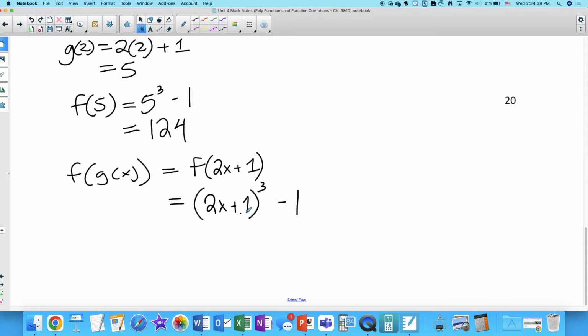Into this equation, you can directly input the 2, and you'll get the same value, right? So if we start with this and ask what's f of g of 2, it's 2 times 2 plus 1, sorry, cubed, minus 1. That's 5 cubed minus 1, which is 124.